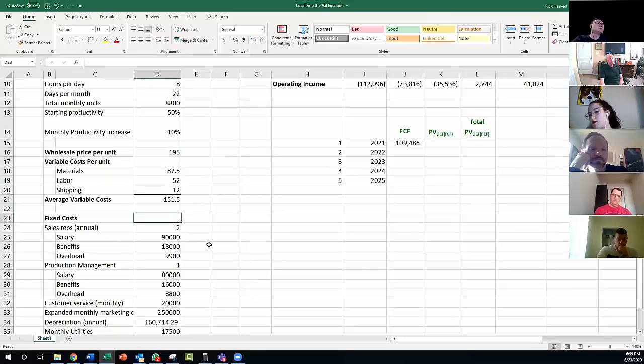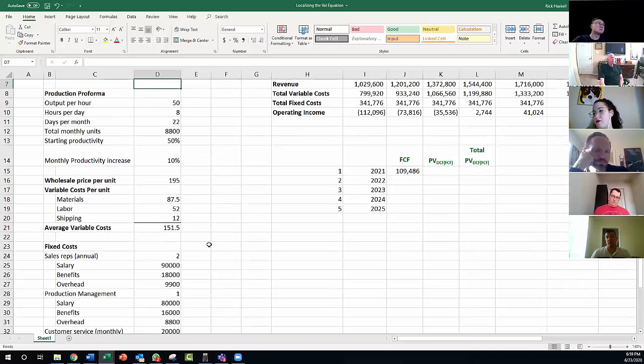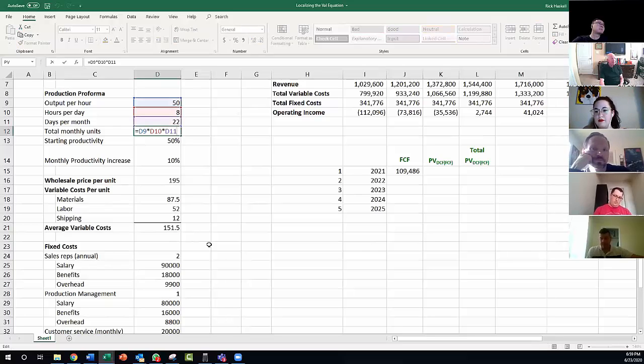So I went ahead then and I said, okay, we now are going to bring this production line up and identified, given the numbers I'm putting in here, this is going to have a capacity of about 8,800 units per month, and that is the output per hour times the hours per day times the days of the month. That's all it is, okay?